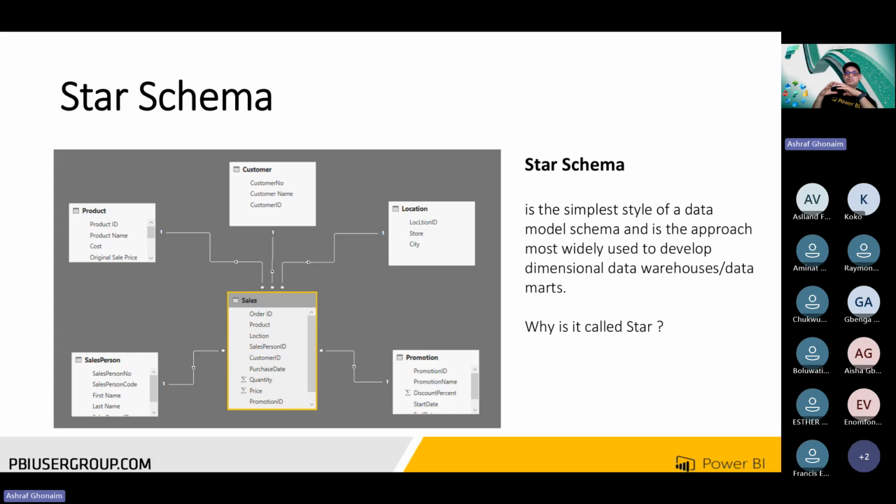We said right from the beginning that our best interest is to minimize the number of tables that we deal with, minimize the number of joins, remove redundant records, and optimize the DAX calculations and measures as much as we can. That's our ultimate objective here.